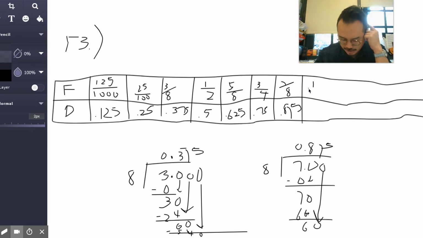Oh, 0.2. Got it. This one is blank on the top and bottom, which I thought is hilarious because otherwise how am I going to find out? But there's a pattern. So 1/5 is 0.2. 0.4, that's 4/10, that's 2/5. So the next one is 3/5, 0.6.